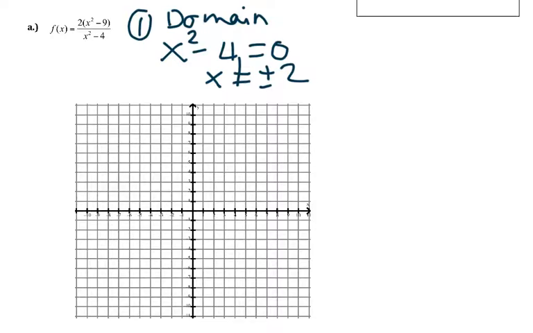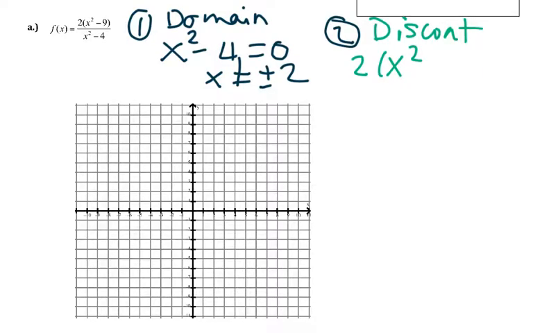Okay, so second, we want to look for discontinuity. We want to know where the graph breaks, like is there a jump or a hole. If you recall, to determine discontinuity, we want to check to see if we can cancel.